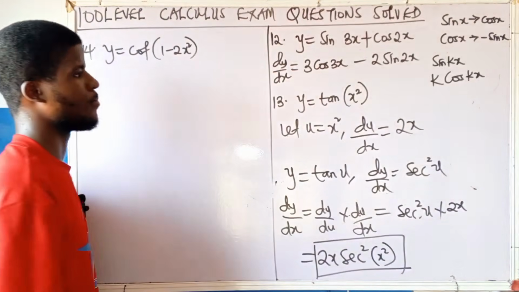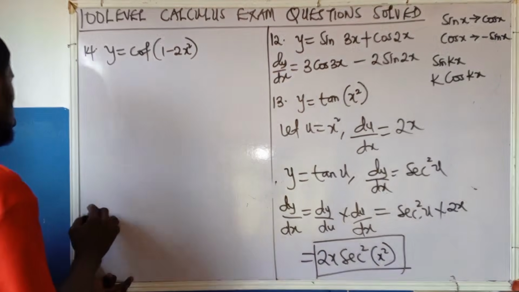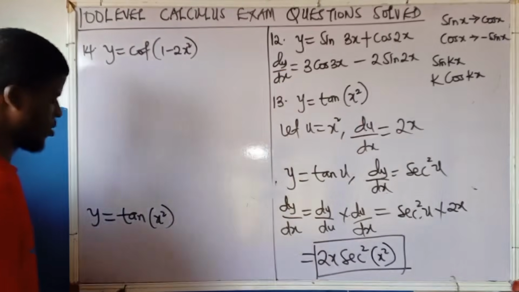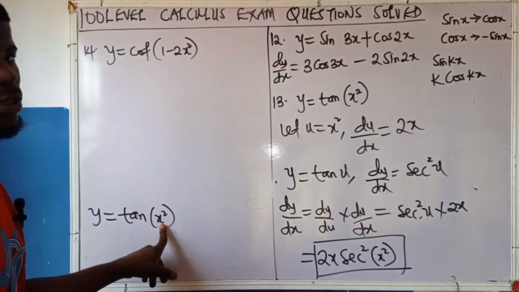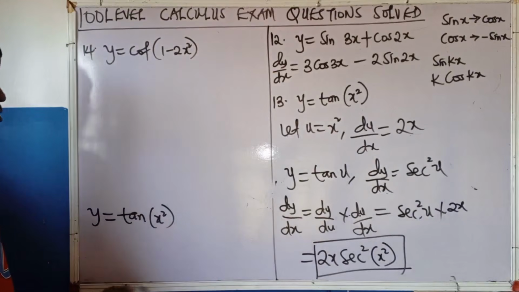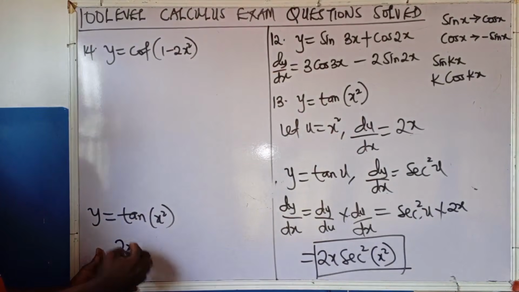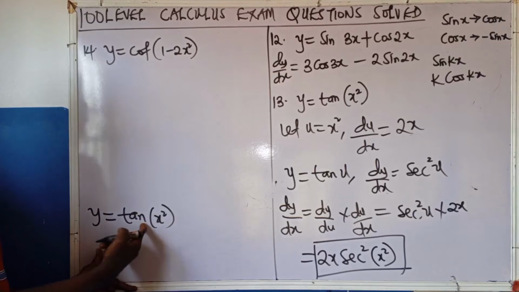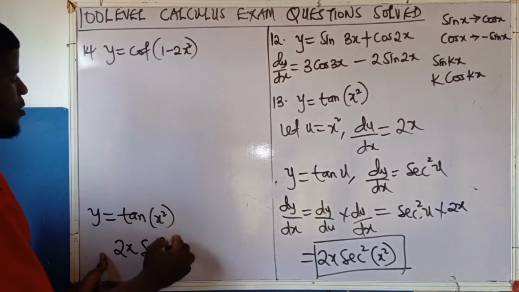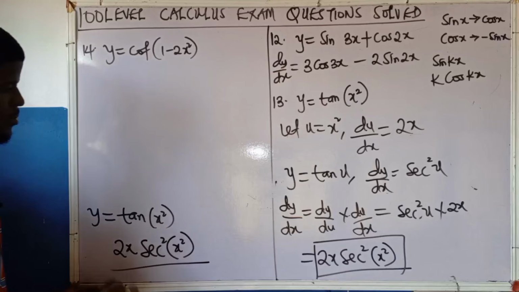Look at the shortcut. I have y equals tan x squared. The inner function is x squared. Differentiate the inner function and you're going to get 2x. Then differentiate tan to get sec squared. Then write the x squared. You're going to get the same thing.